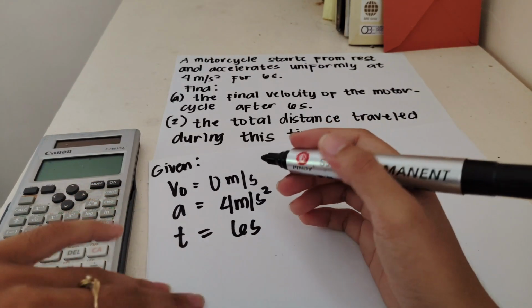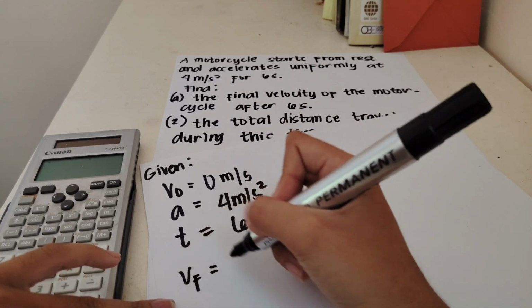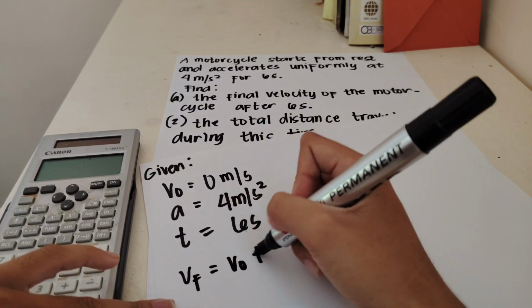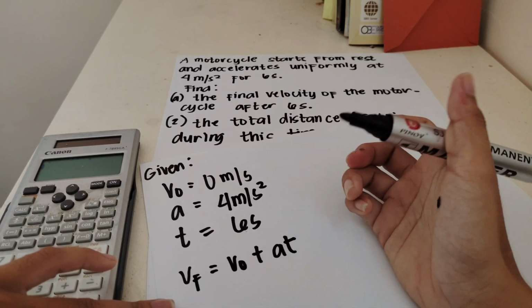So using the equation of motion, the final velocity is equal to initial velocity plus acceleration times time.